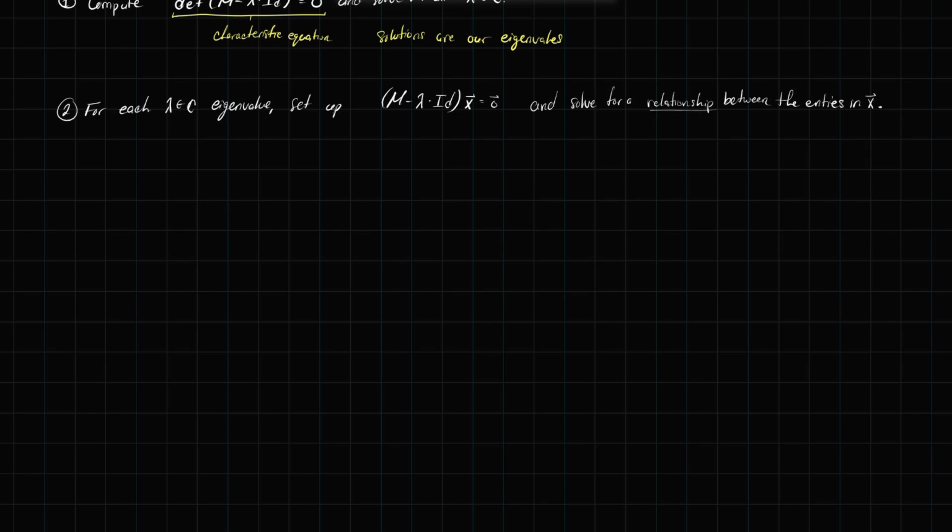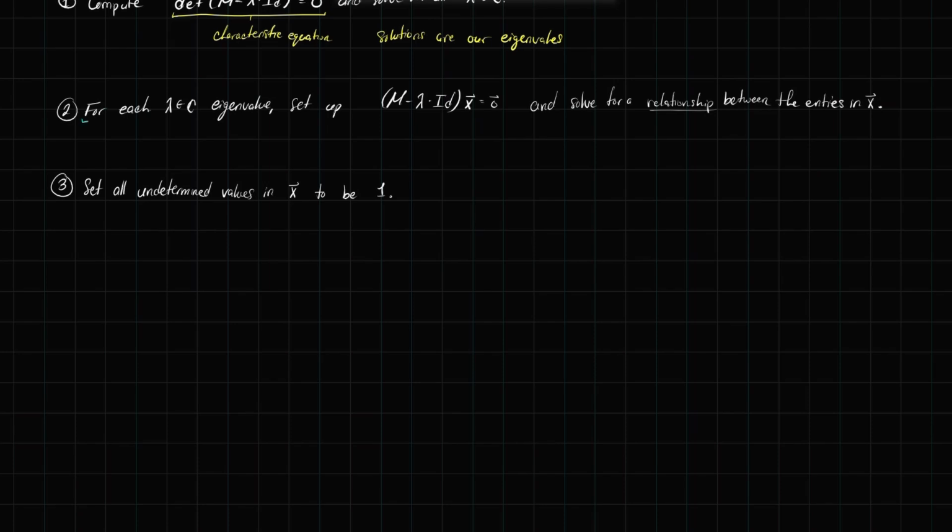It's always a relationship, it won't be specific values. In step 3, set all undetermined values in x to be 1. Now, in fact, you can set them to be any non-zero number, but 1 is almost always the right choice.